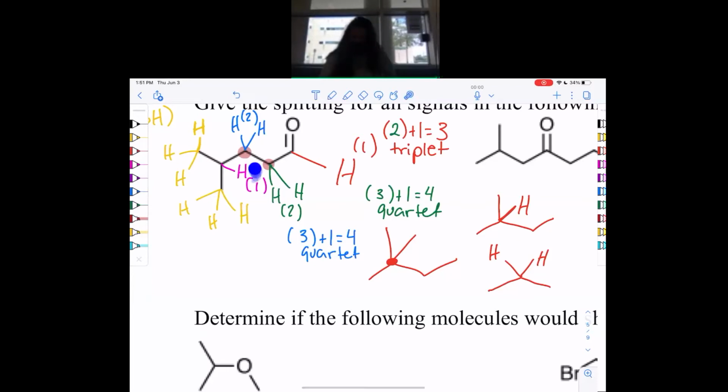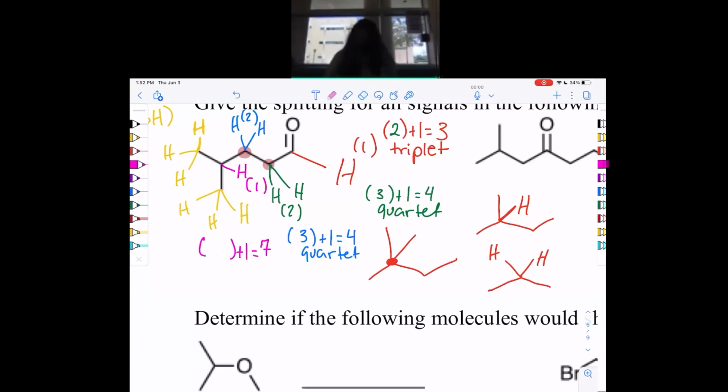So this pink one has how many neighbors? How many neighbors do you think the pink one has? 6, I agree. So what is it going to be called when we have 7 as our multiplicity? Oh, I'm so sorry.